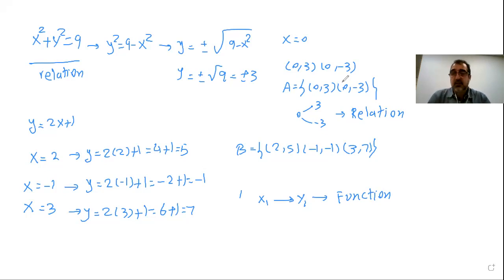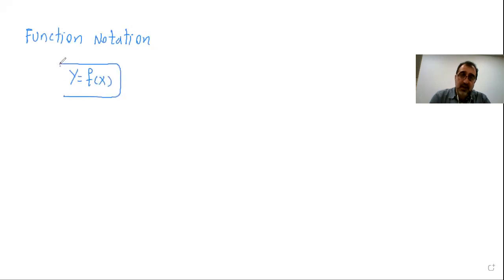After understanding the definition of function, we need to learn about function notation. Because we have two values, x and y, we can relate y to x via f. We say y is f of x.